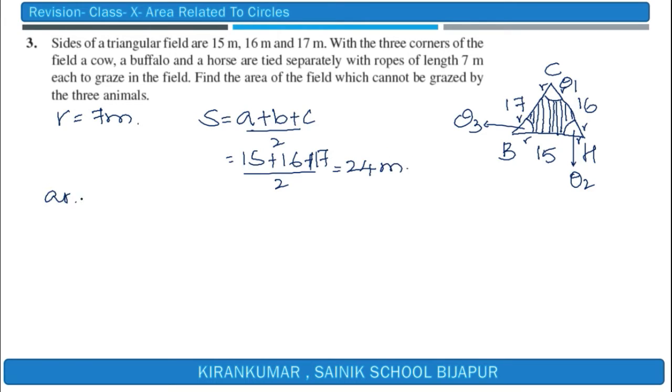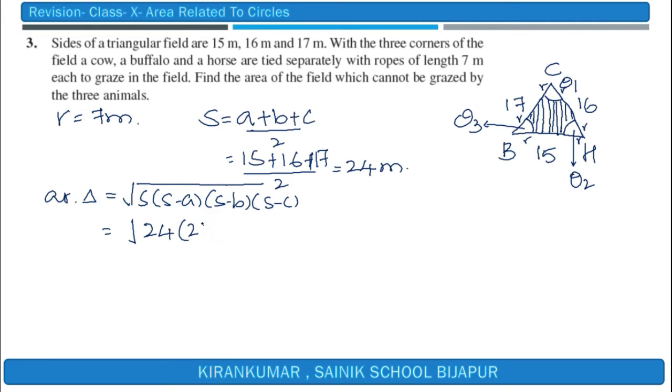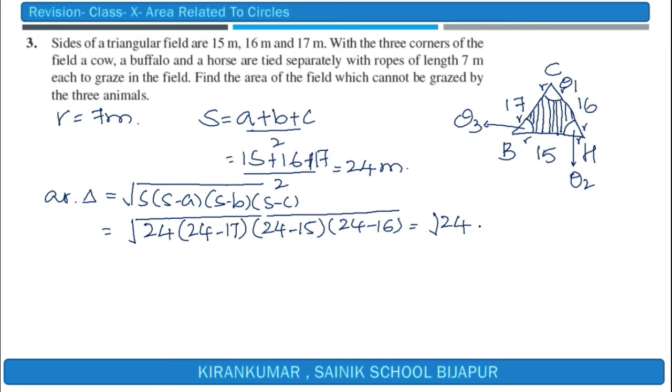So the area of the triangle is root of s into s minus a into s minus b into s minus c. So it is root of 24 times 24 minus 17, 24 minus 15, 24 minus 16. Hence we get root of 24 into 7 into 9 into 8.